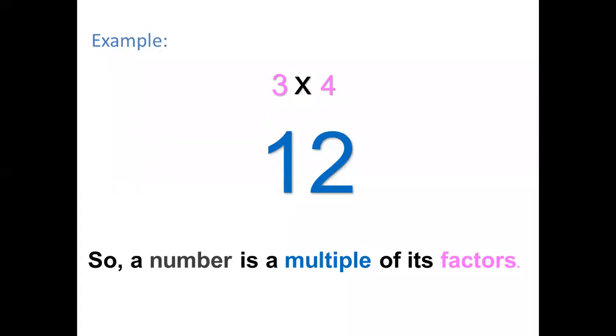Okay, if you have an example like this, 3 times 4 equals 12. So a number is a multiple of the factors. So 3 and 4 are called the factors, and 12, which is the product, is called a multiple.